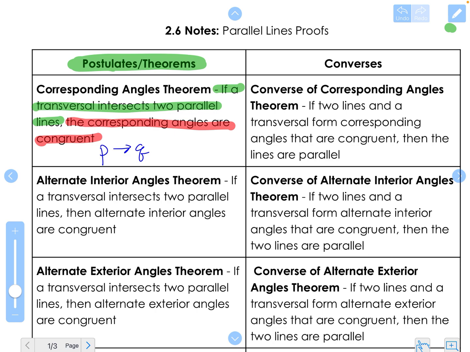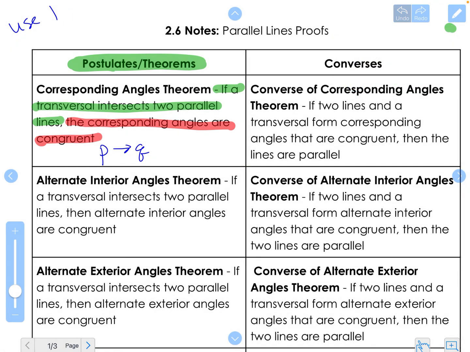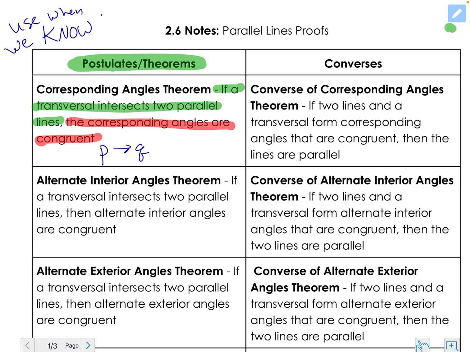And so these postulates and theorems we're going to use when we know the lines are parallel.